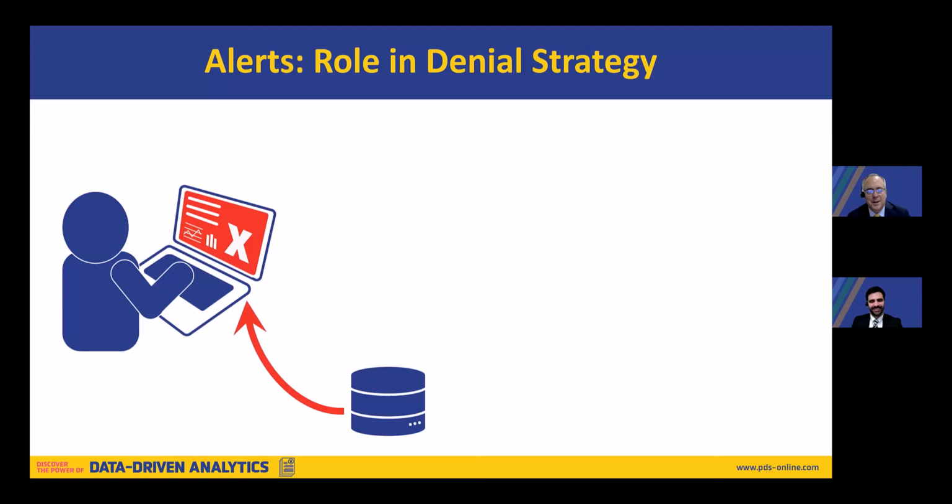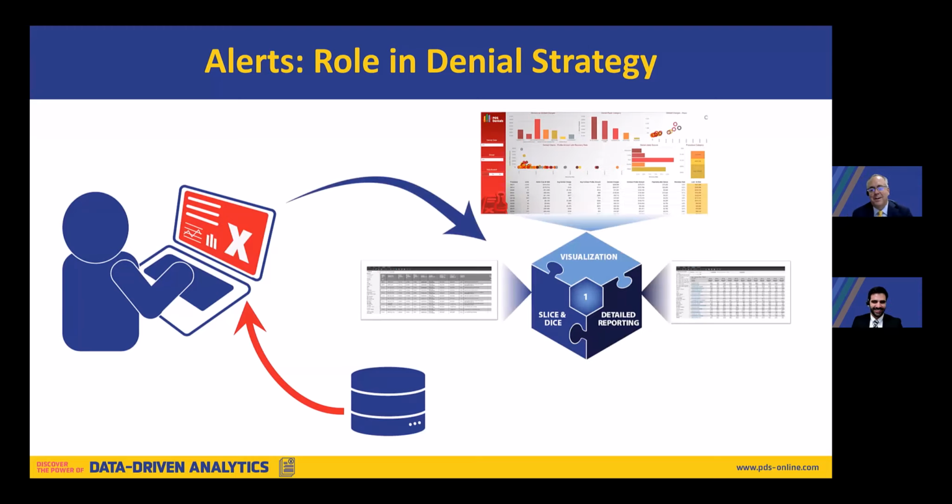Here's one we're not talking about in another webinar, at least not to my knowledge. Data-driven organizations, a lot of the better tools have the ability to do alerting. We can set thresholds as it relates to denials, so if our denial rate climbs over 10%, it alerts the user and flashes up what the denial rate is on the screen.